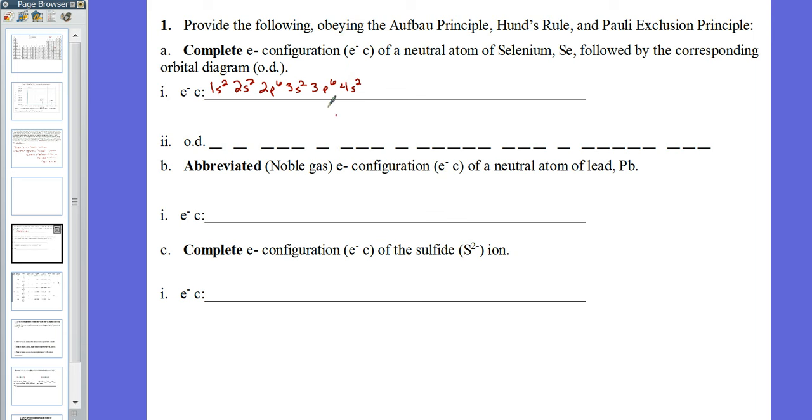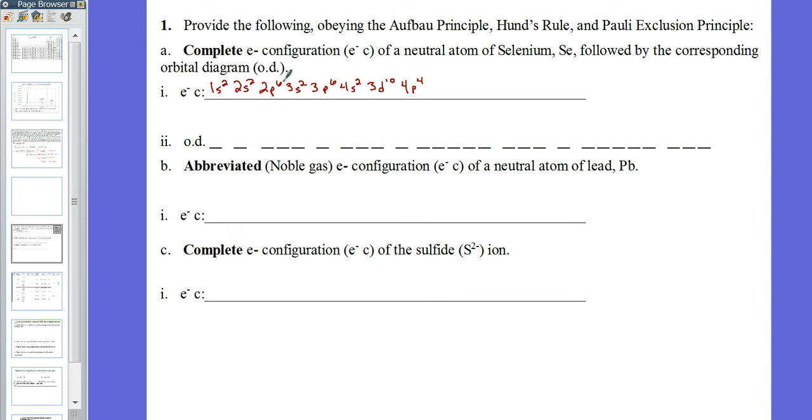So it goes back to 3d, but you got to fill it all the way up, so that's 3d10. Then you're back to 4p4, just like that.